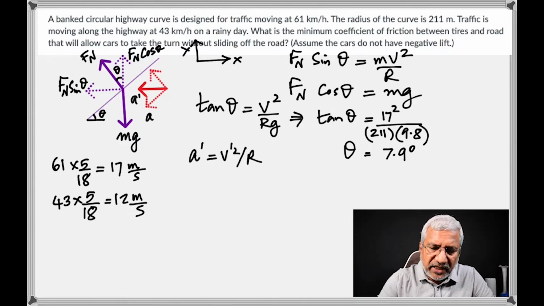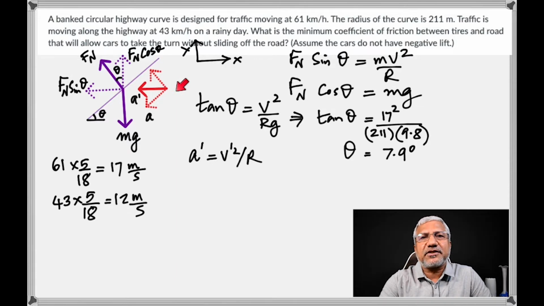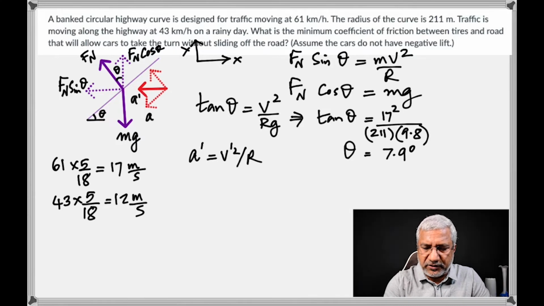And this diagram is very important because the centripetal acceleration is towards the center of the circle, and that means it's horizontal along the x-axis, and we have to break it up into the parallel component, parallel to the road, and perpendicular to the road.